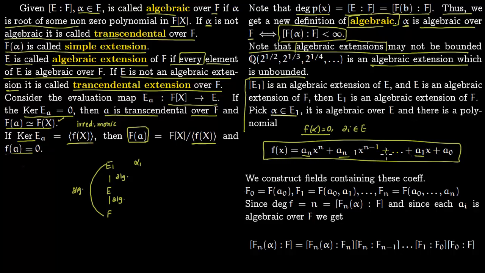The only problem is that these ai's lie in E, they do not lie in F. So the simple strategy is to adjoin all these elements to F. So you construct a new field F(A0, A1, all the way to An), and this new field will have all the coefficients. It obviously contains f of x, and alpha is algebraic over this. So you are done.